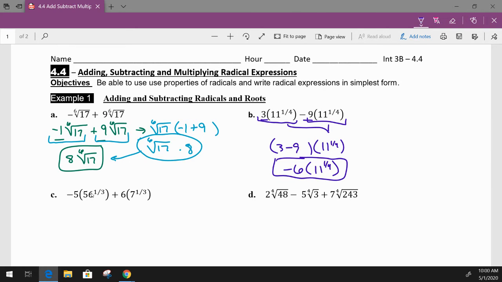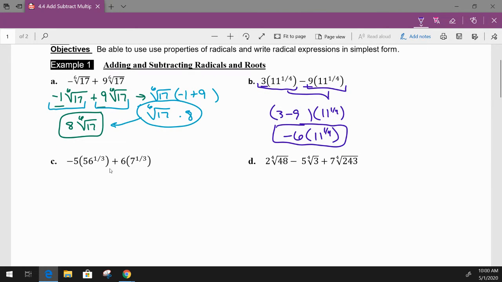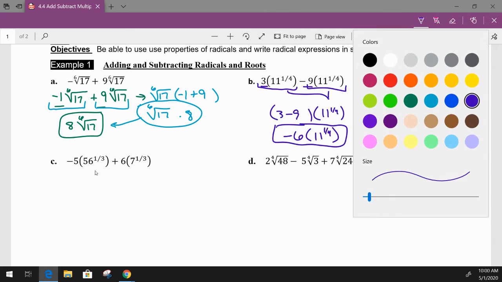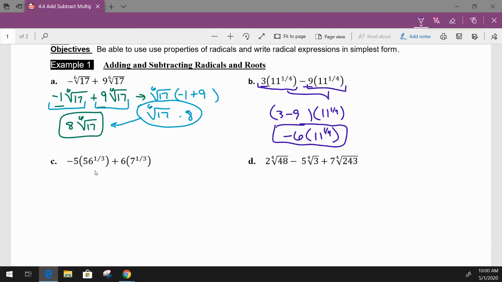In our next example, example C, these are not the same, so we need to simplify one or the other in order to get the 7 to the 1/3 power here from this 56. Well, it just so happens that 7 is a factor of 56.